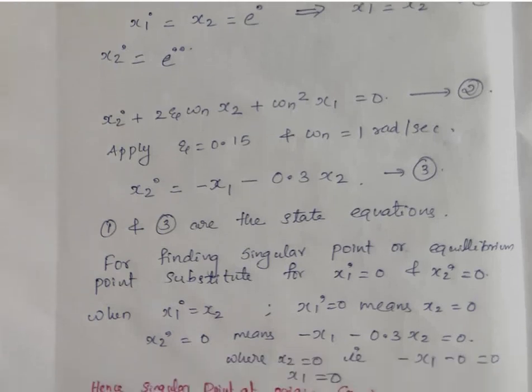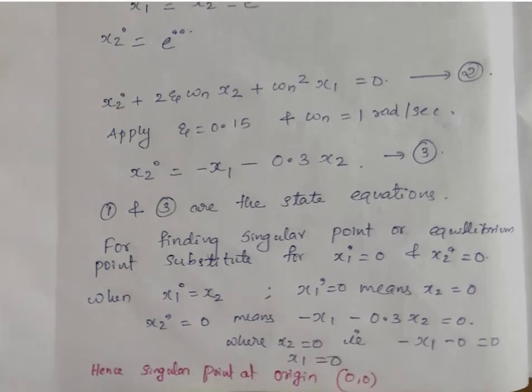So for finding the singular point, which is also called the equilibrium point, you have to substitute the derivatives of state variables as 0. Then you will get x2 equal to 0 and consequently x1 will also be equal to 0. Hence our singular point is at the origin, that is, the singular point is at (0, 0). That is the answer to the first question.